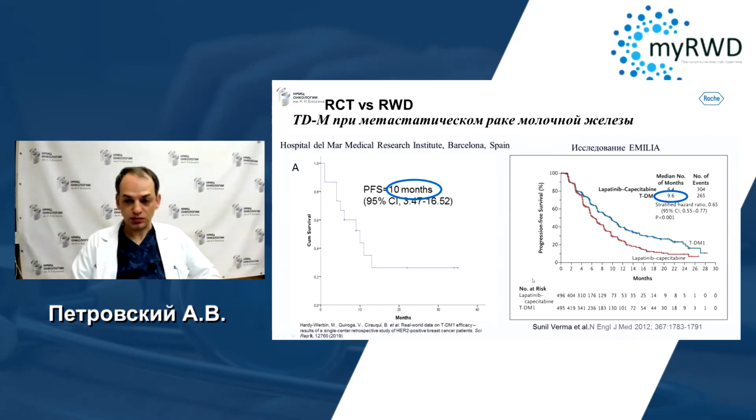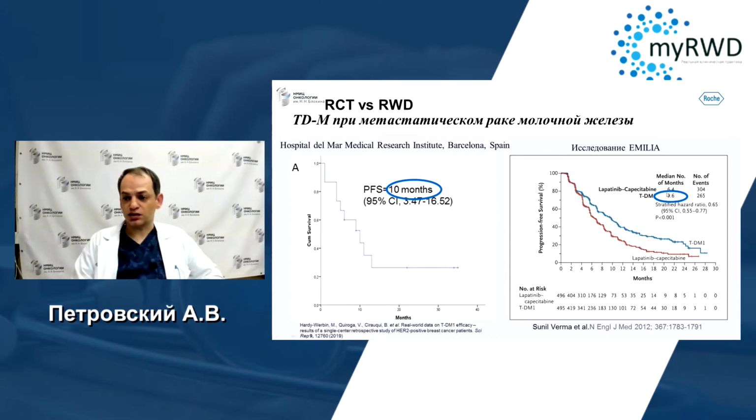But on the other hand, there are other studies where the results completely coincide with what is going on in real life. This is, for example, the famous breast cancer EMILIA study that introduced trastuzumab emtansine as one of the main drugs for the treatment of metastatic HER2-positive breast cancer.